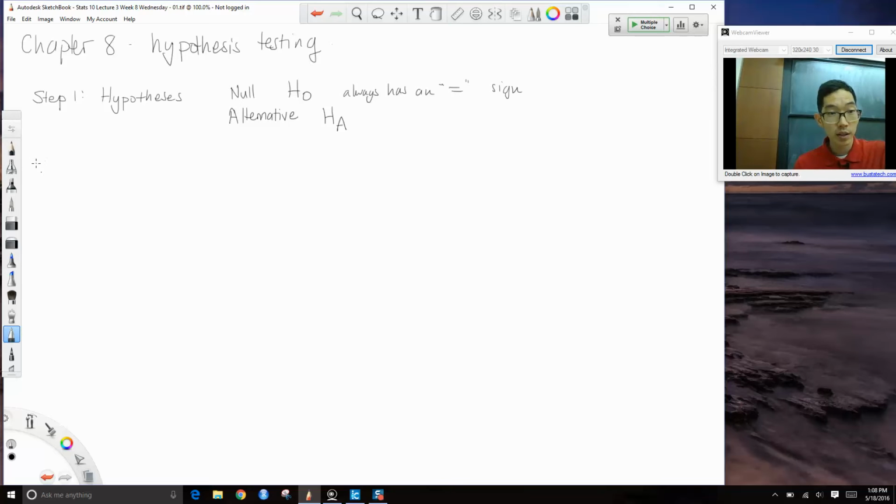And then step 2, the book calls this prepare. Basically, we're supposed to check the conditions to use the central limit theorem.